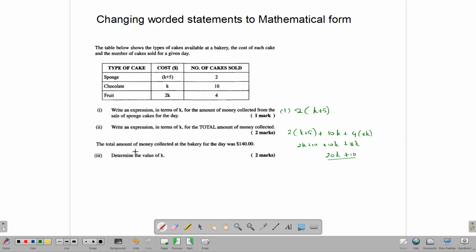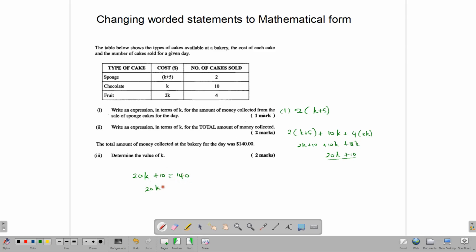Now, the third part of the question says the baker collected $140 that day. So what is the value of k? So now we need to solve the simple equation. 20k plus 10 equals 140. Here, we're going to do the opposite of the plus 10.